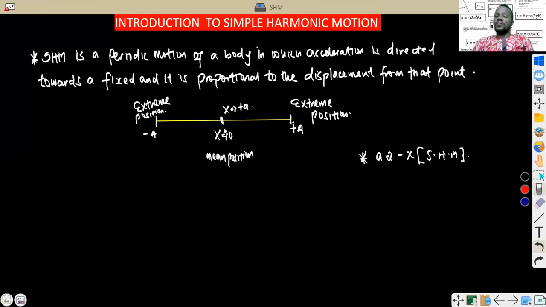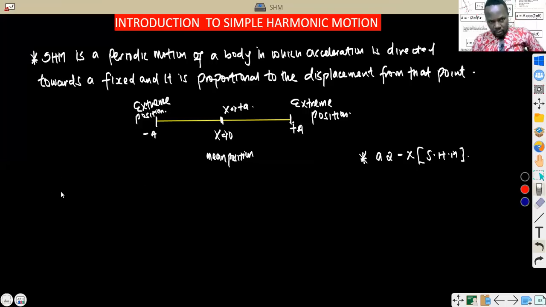So keep that in mind. The second is that the acceleration must be proportional to the displacement, which I'm taking as s. As the body starts moving, it gains some kinetic energy, and we are still going to discuss this as we move on in the topics.